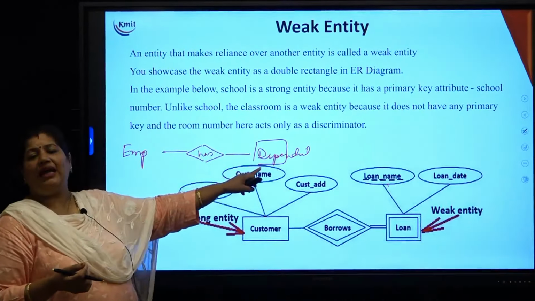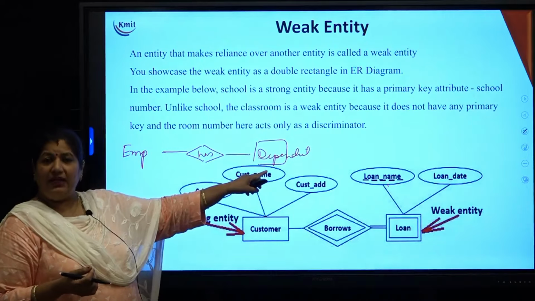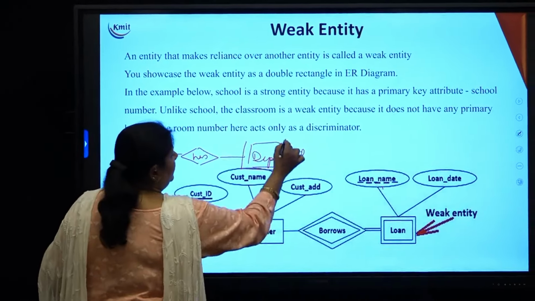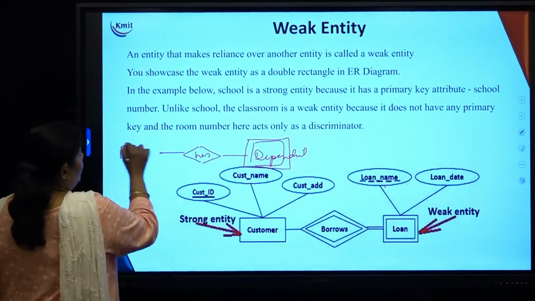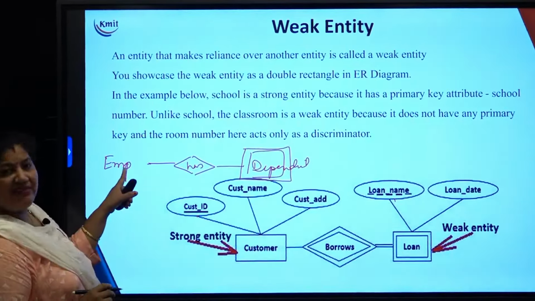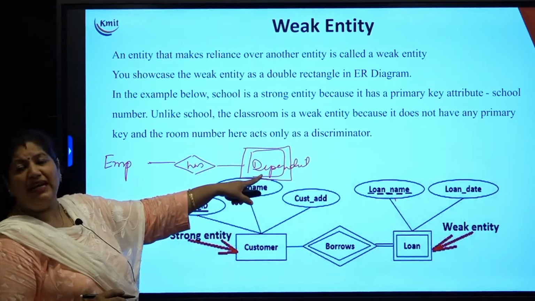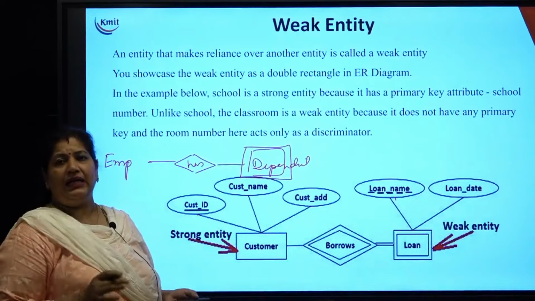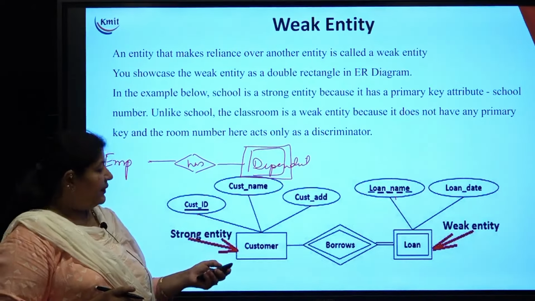For storing that, I have created an entity called dependents. Now, this dependent entity is dependent on the employee entity. The employee entity has a single rectangle and the dependent entity, which is a weak entity, has been represented using a double rectangle.